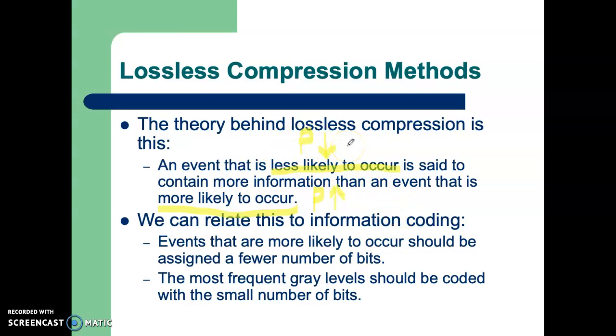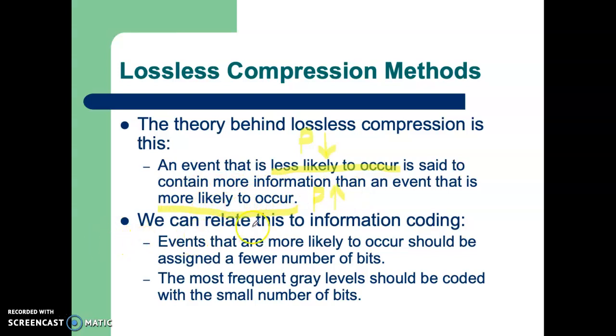Probability low, that particular pixel value will occur less. So if less likely to occur, it is said to contain more information. So low probability will contain more information. But if the probability is high, the information is not high.